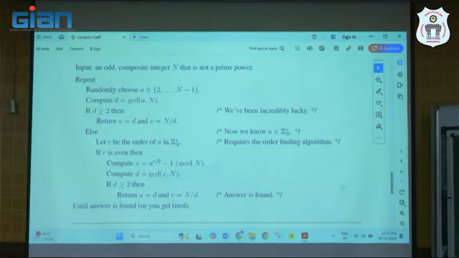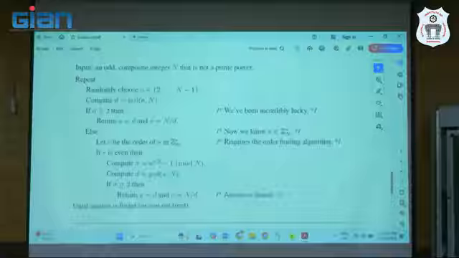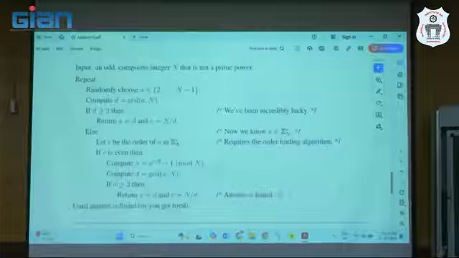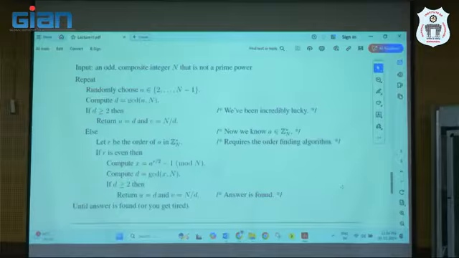Now what we are going to do: randomly choose an A from 2 to n minus 1. Remember, this is a randomized algorithm. That's okay. Anyway, it is eventually going to be a quantum algorithm. So compute D, which is the GCD of A and n.